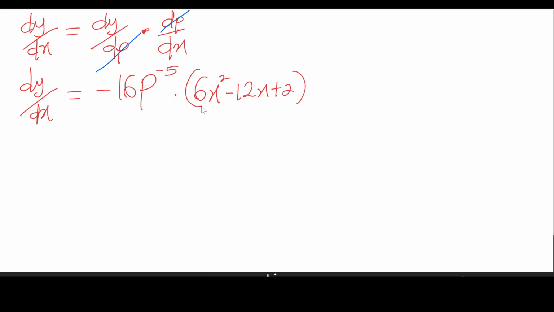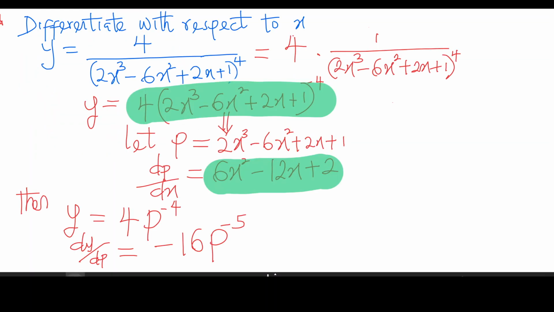Let me enclose them inside brackets. In this case, we don't need to stress ourselves. All we need to do is put back the value of p. So recall that the value of p is 2x raised to the power of 3 minus 6x raised to the power of 2 plus 2x plus 1.